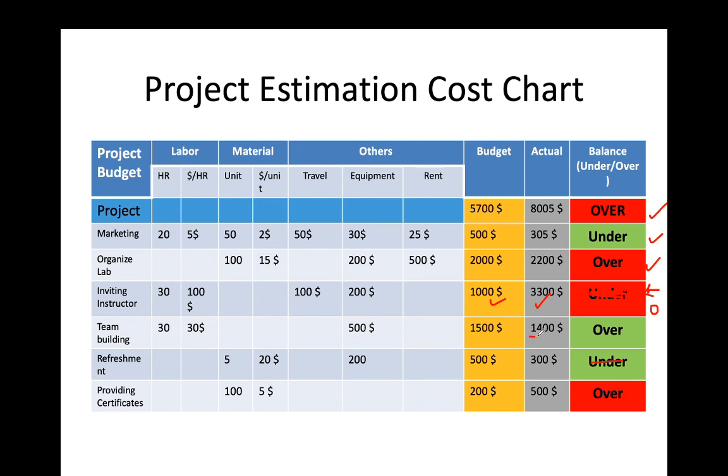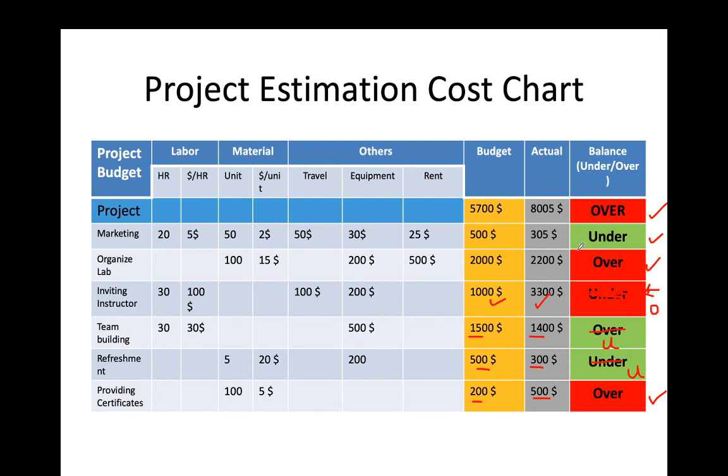This was 1400 and this is 1500. So this is under the budget. Our actual cost is 300 and budget was 500, so this means this is also under the budget. This is 500, but our budget was 200, so this means this is over budget.